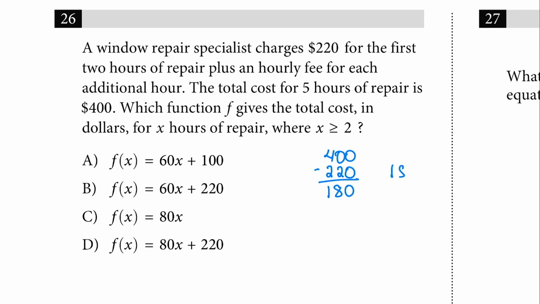Then we're actually only going to divide this by 3, because the first 2 hours are covered in this 220. So we divide by 3 to get the hourly rate for the rest of the time, and that's going to be $60 an hour. So our answer is going to be B.